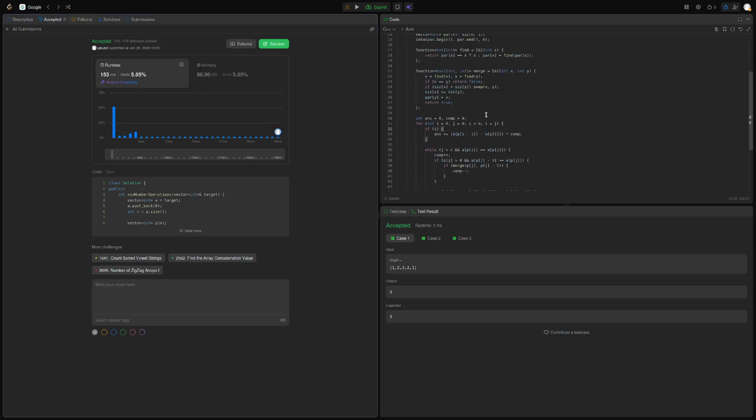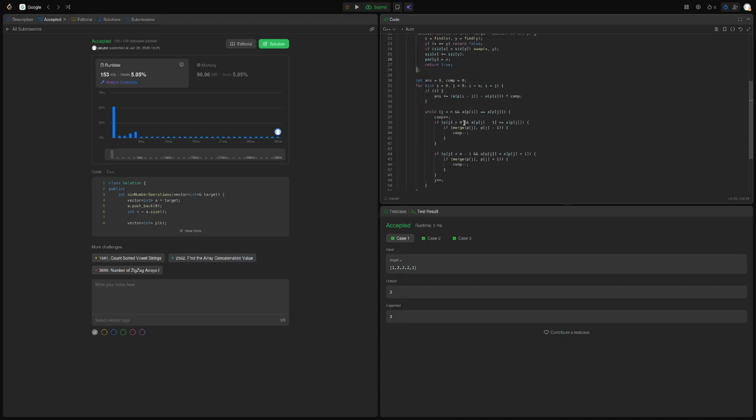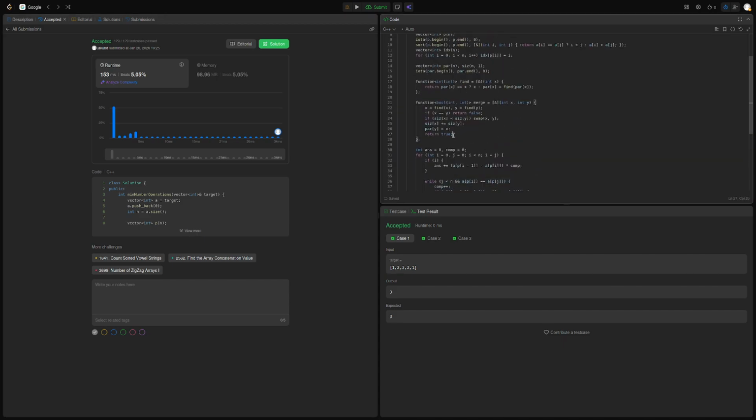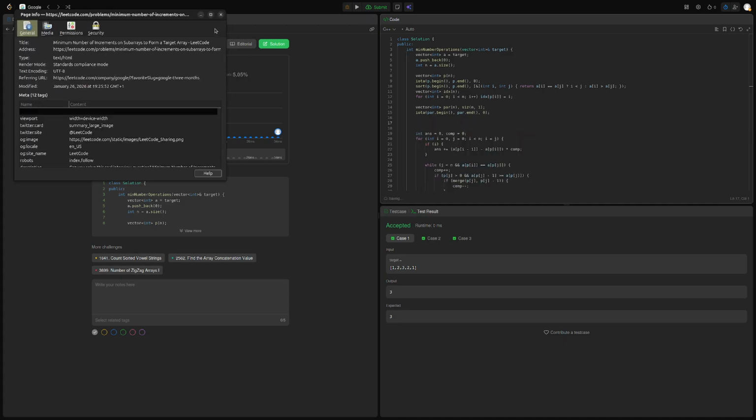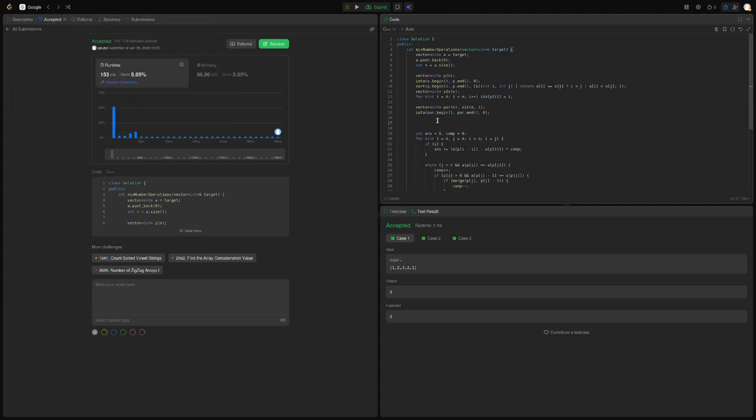What the hell? I mean, I'm doing just sorting. Maybe it's because I declare functions here. Maybe if I don't do that, because that is, oh my days, what the hell is this? Let's see. Private.